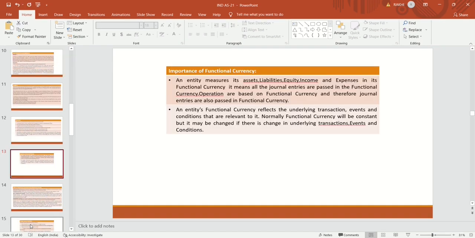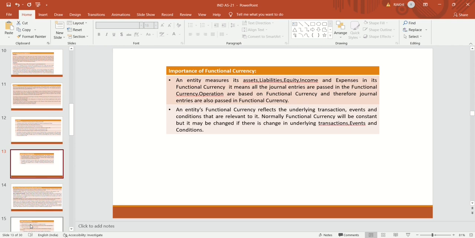Now, what is the importance of functional currency? Why will the company determine the functional currency? In order to measure its asset, liability, equity, income, expense. In order to measure all these, the company will determine the functional currency.